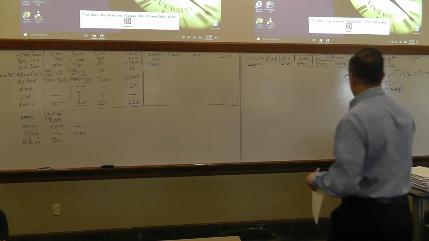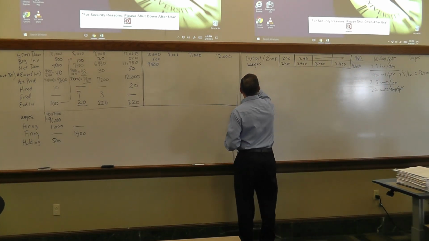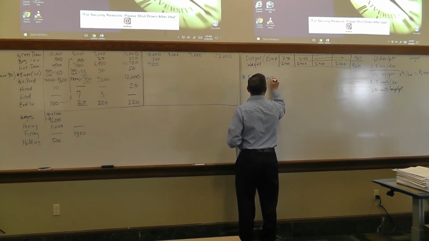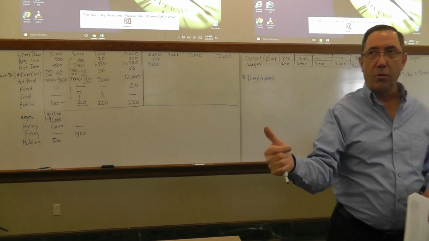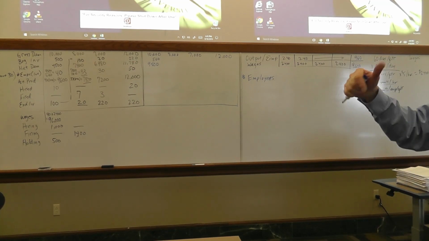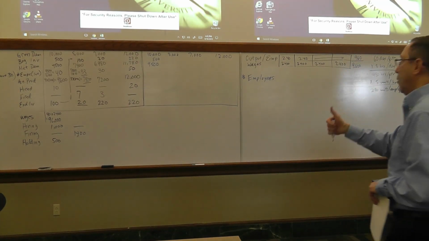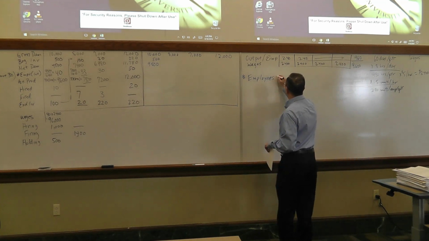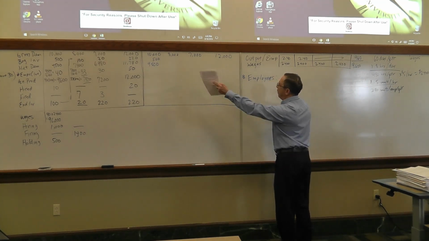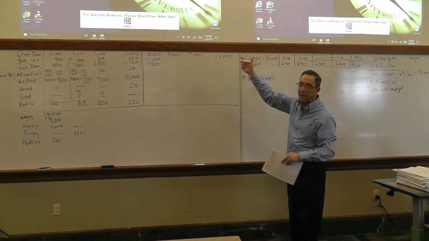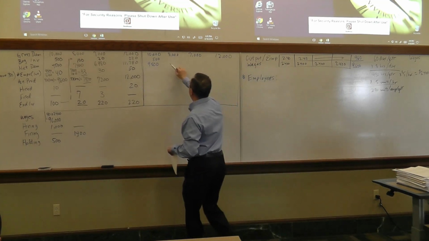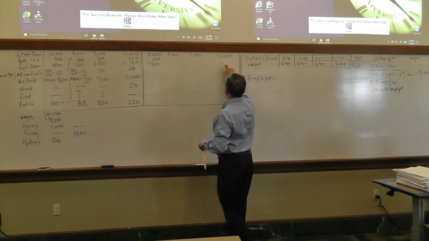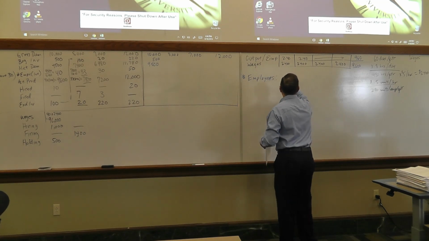So, the number of employees for a level plan should be based on my total net demand in the entire plan divided by the output from 1 employee over the entire year. I'll take my gross demand, haven't figured that out yet, right? Gross demand for the whole year is just add them up. 10,000, 18,000, 25,000, 37,000.